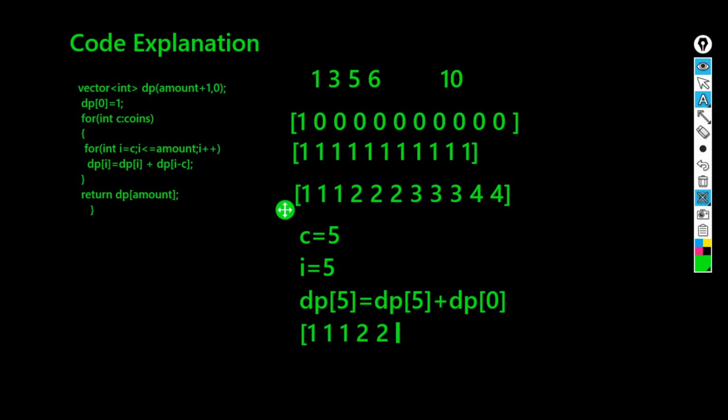Now it will be initialized with 2 plus 1 is 3, again 3 plus 1 is 4, 3 plus 1 again 4. Now 3 plus 2 will be 5. Now 4 plus 2 will be 6. Now 4 plus 3 will be 7.